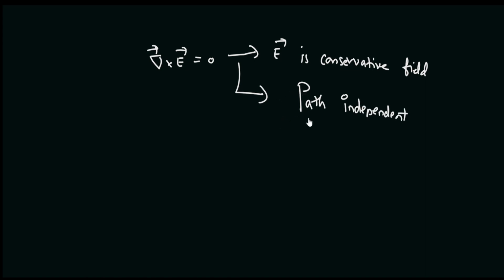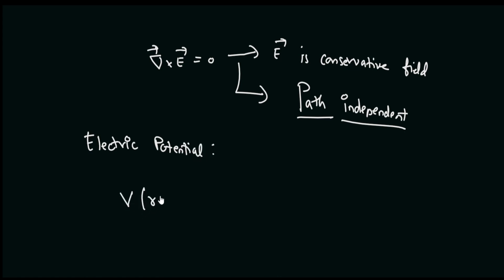Now, since we know that the line integral of the electric field is path independent, we can define the electric potential, which we represent by V. It will be a function of the position r.